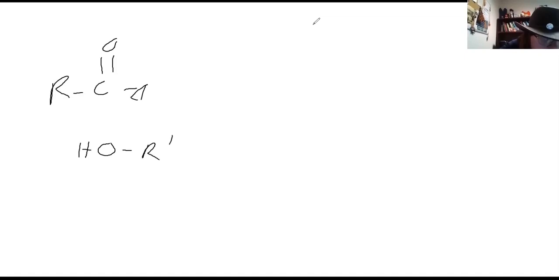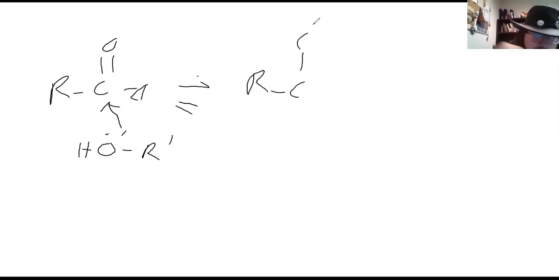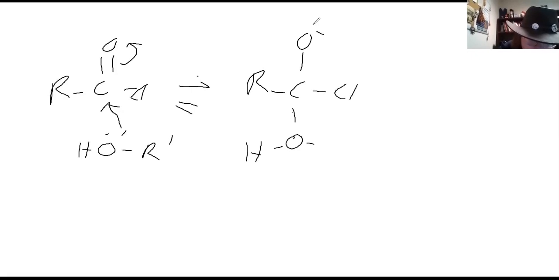The lone pair attacks. We get this intermediate, but this is not resonance stabilized. CO minus, moved up, Cl, OH, and that's going to be positive. That lone pair swings down and kicks us off.